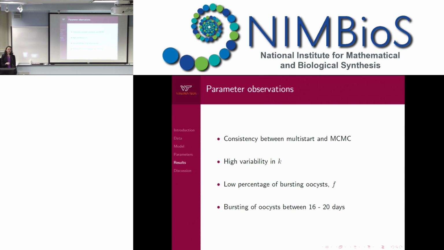There's a lot of variability in K. We don't have any biological way to restrict that that we know of. And so we bound that between 0 and 10, but we're definitely hitting the edge of that bound under certain conditions. We're suggesting a really low percentage of bursting oocysts.